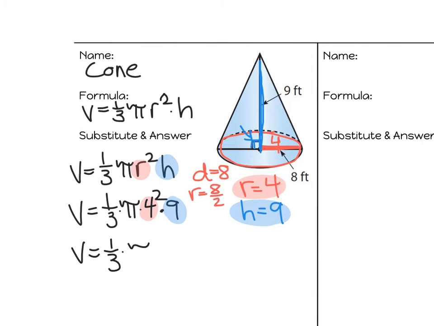So 1/3 times pi, they're already numbers, so I'm going to leave them alone. 4 squared, 4 caret 2, you can get that in your calculator, 16 and times 9. You can type this whole line into the calculator, or you can simplify it once more. 1/3 times pi. 16 times 9 gives me 144.